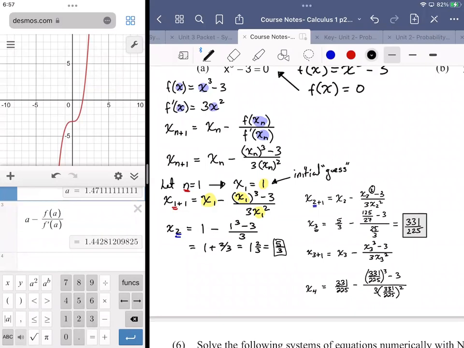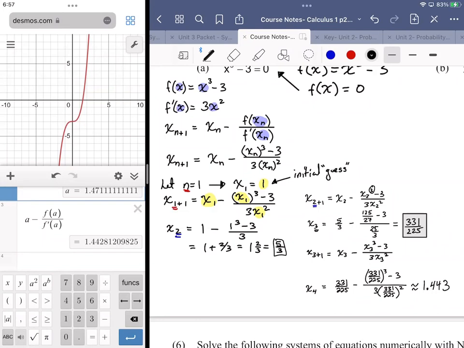Now it's given up on representing it in fraction form, but it's going to tell us that this is approximately 1.4428. I'll say 1.443.